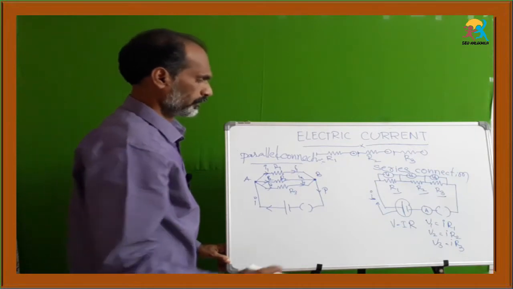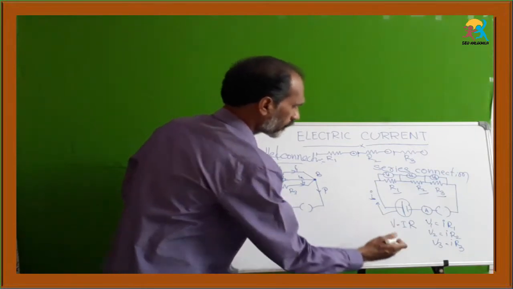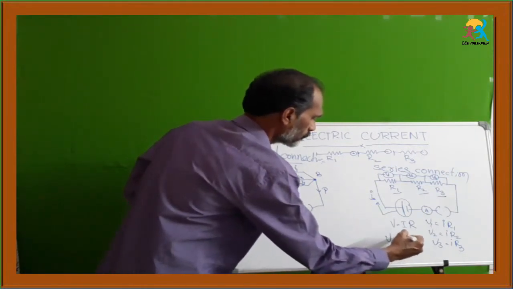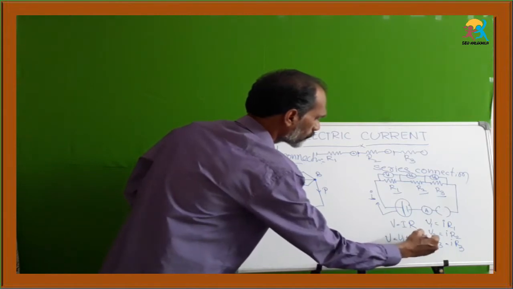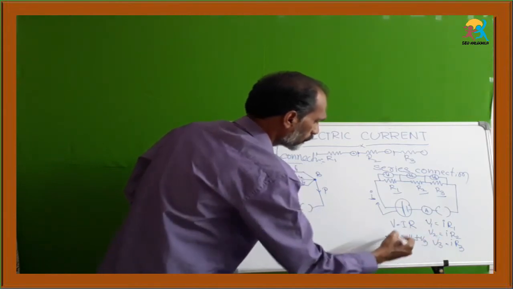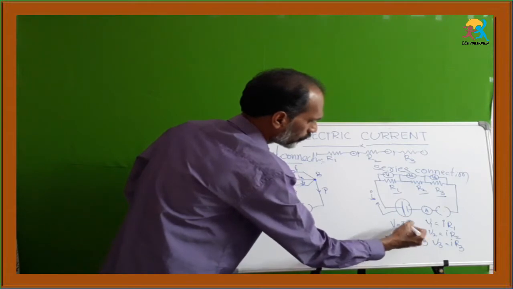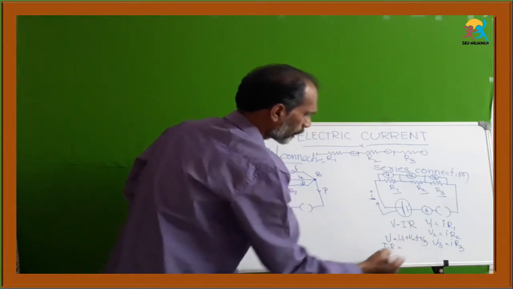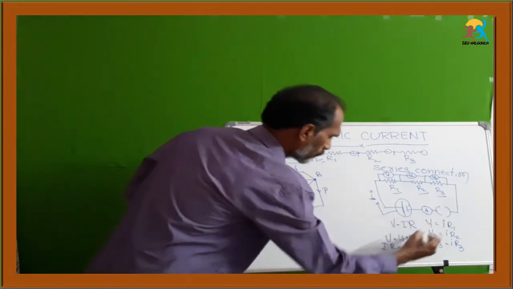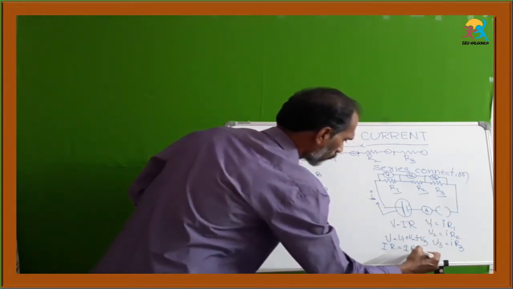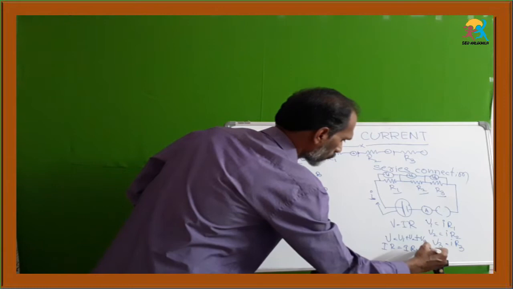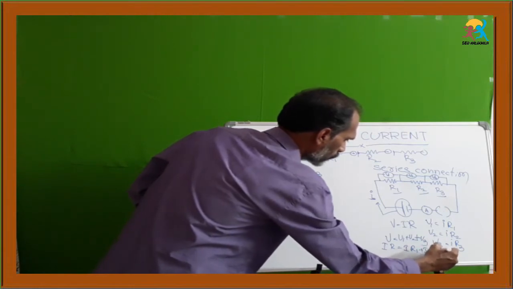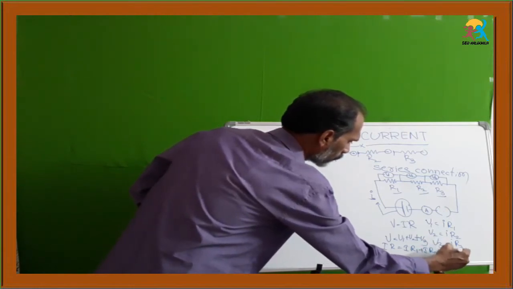Okay, the total potential difference V equals V1 plus V2 plus V3. If we substitute all these values, IR equals IR1 plus IR2 plus IR3.